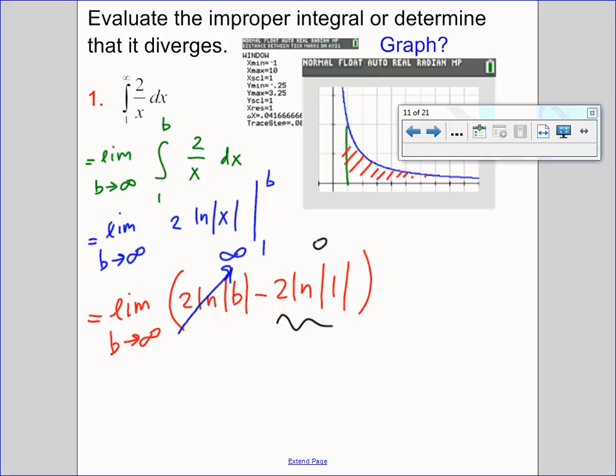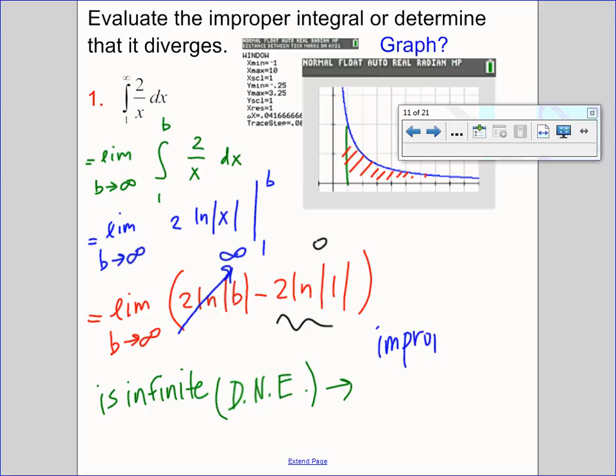So since this does not exist, or is infinite, we say that the improper integral diverges. We can't find its value. It does not exist. Much like a series that diverges.